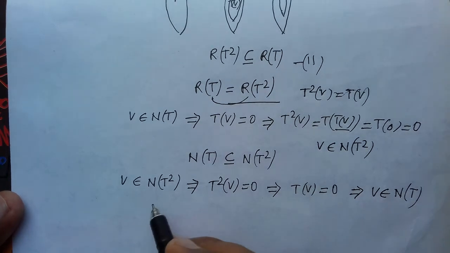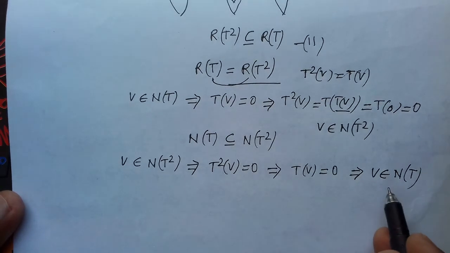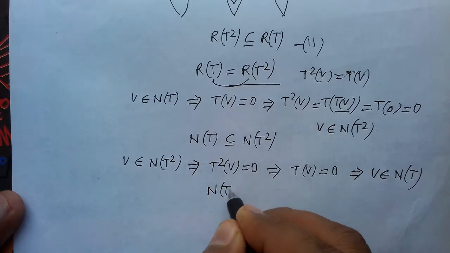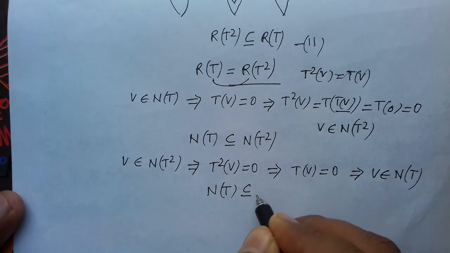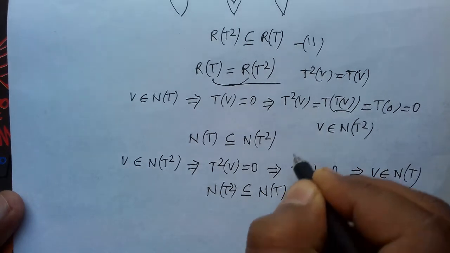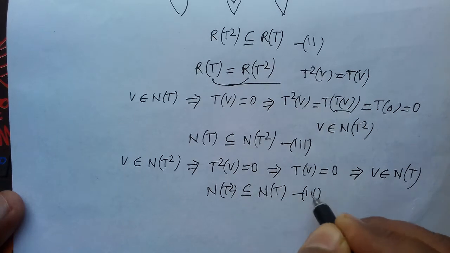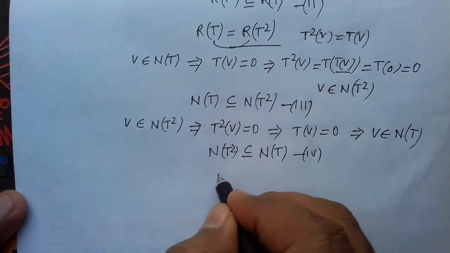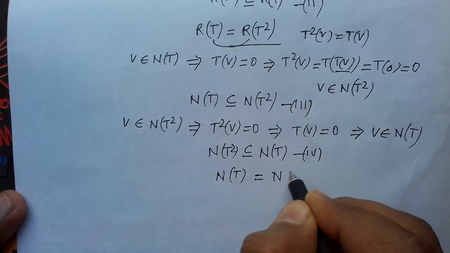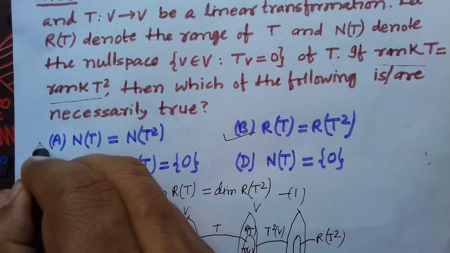So assuming V belongs to NT squared, V belongs to NT. So NT is a subset of NT squared is a subset of NT. From 3 and 4, NT equals NT squared. So option A is also correct.